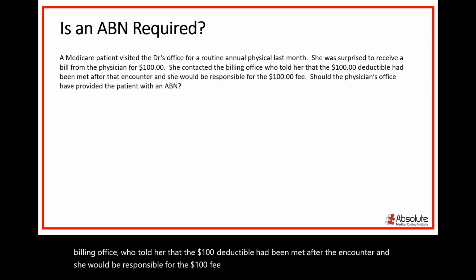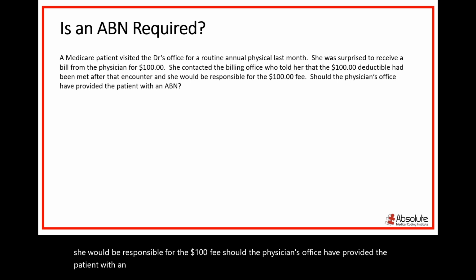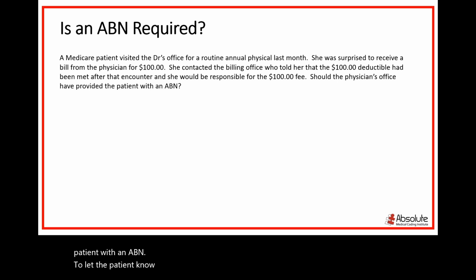Should the physician's office have provided the patient with an ABN to let the patient know that, hey, you're going to owe $100? What say you? Yes or no? And why?